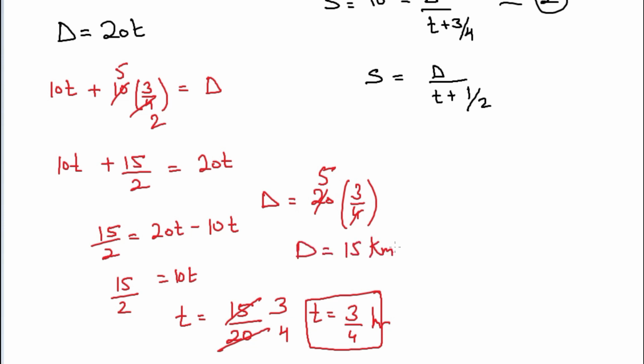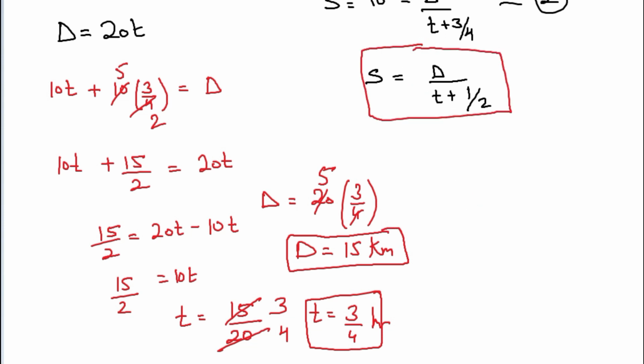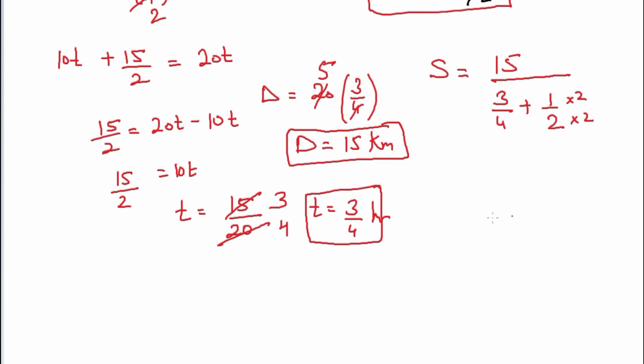So now you know d and you know t. Just substitute in the third scenario and you will find the speed. Let's do it. Speed is equal to distance 15 divided by time, 3 by 4 plus 1 by 2. To add 1 by 2, you just need to multiply 2 up and down, so you make it 15 divided by 3 by 4 plus 2 by 4, and then you can simply add it.